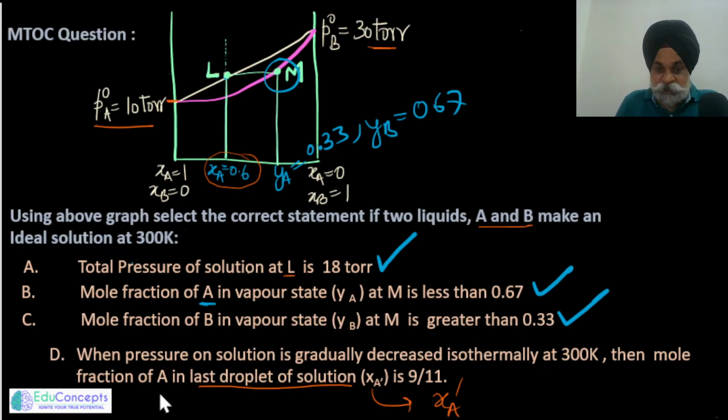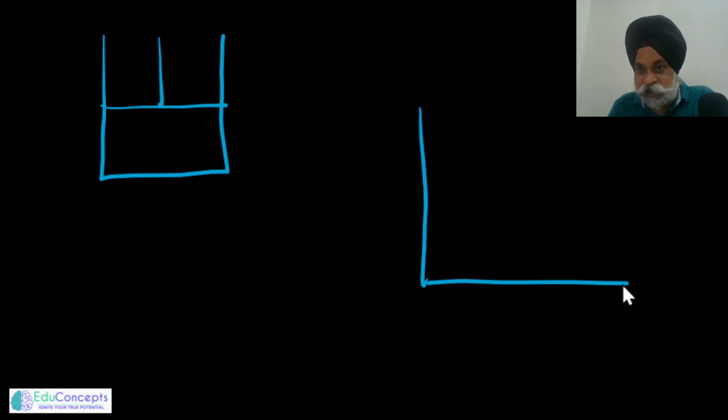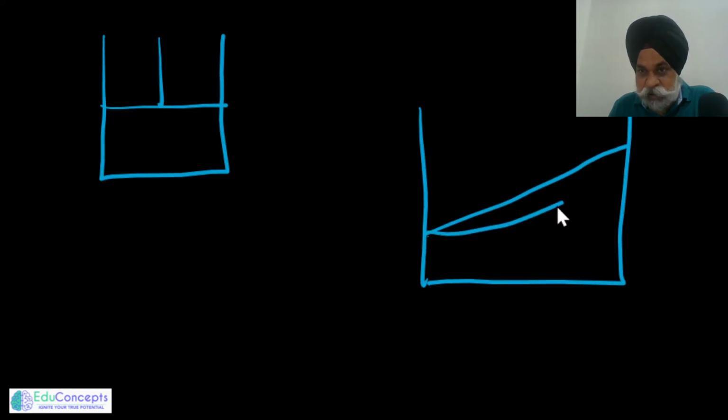Now coming on to the last part, when the pressure of the solution is gradually decreased isothermally. This is a little tricky, which we have to do very carefully. If I show the graphical representation once again, we are somewhere here at XA 0.6 and XB 0.4.